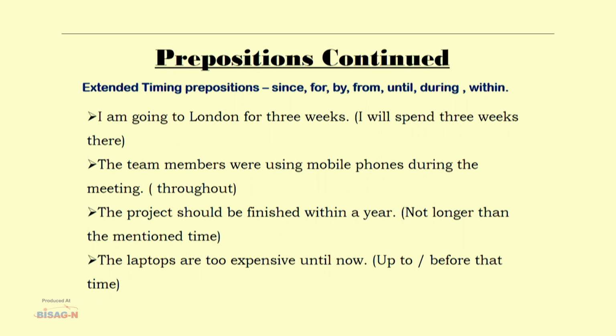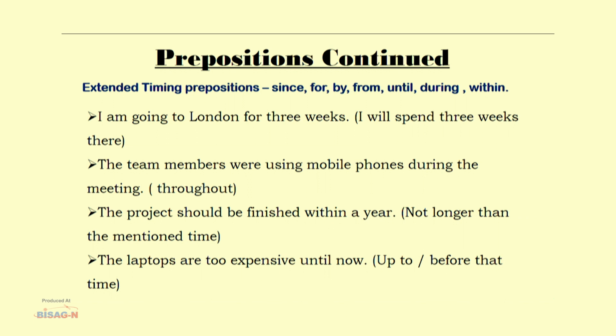Let's say, for example, the first sentence says, I am going to London for 3 weeks, right? Now, if I say I'm going to London for 3 weeks, there are two prepositions here. One is to and another one is for.